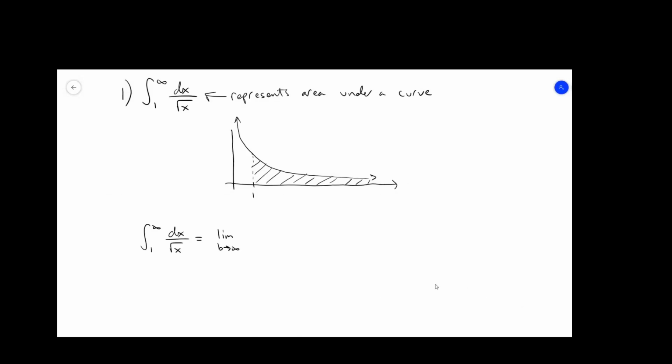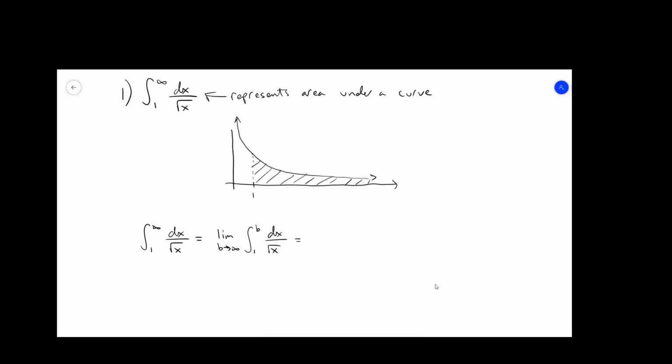That is a limit, as b goes to infinity, of an integral where I replace the infinity with that b. That changes the integral into a regular old definite integral, with a number at the top and a number at the bottom. We know how to deal with those, and we also know how to deal with limits at infinity. So basically, with improper integrals we are changing them into two things that we know how to deal with.